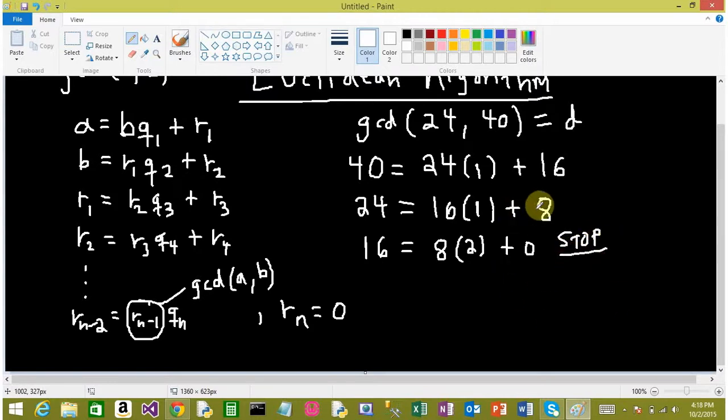Look right here: we have the remainder 8, and this divisor is 8, so that tells us that the GCD of 24 and 40 is 8.